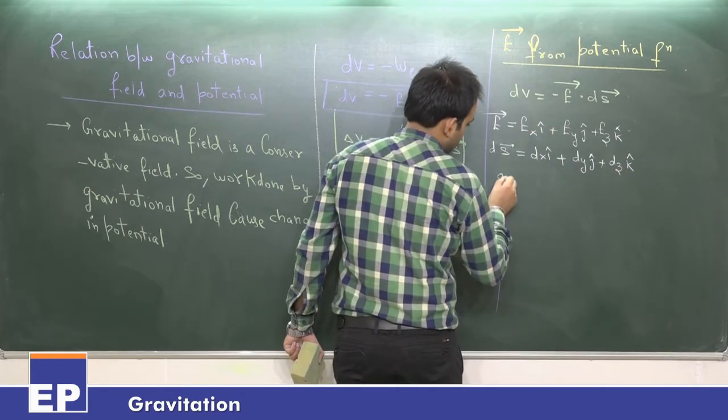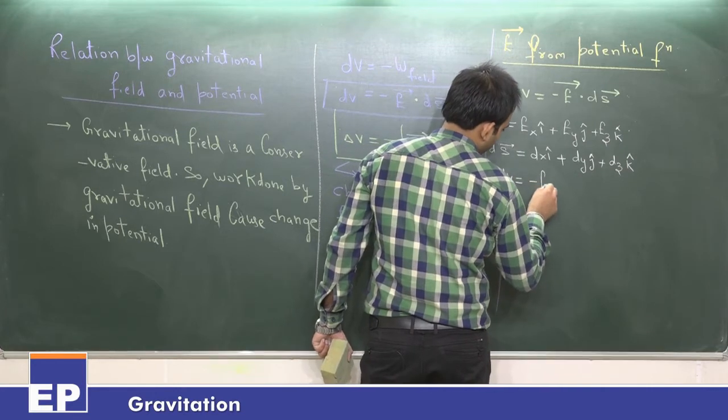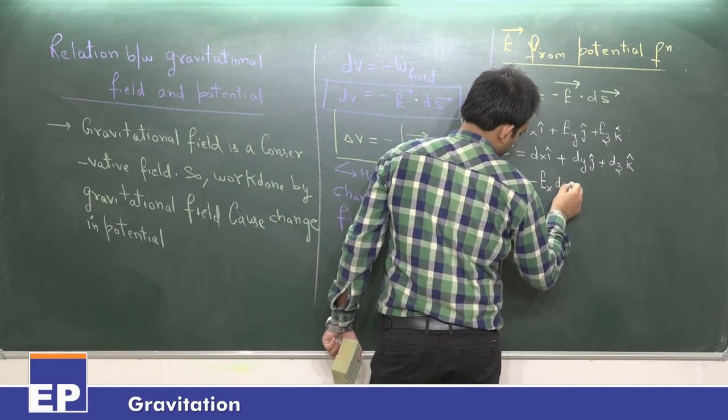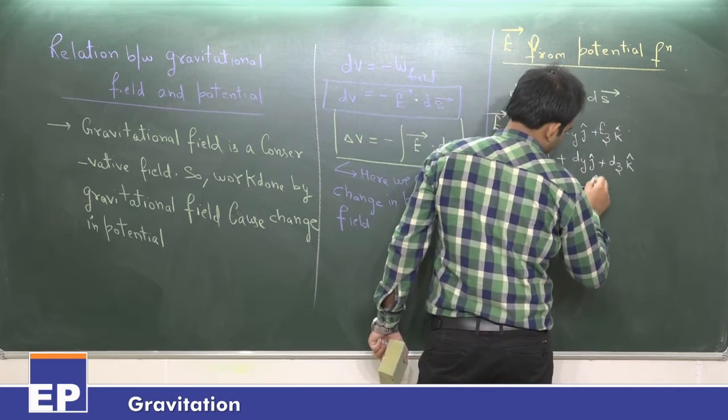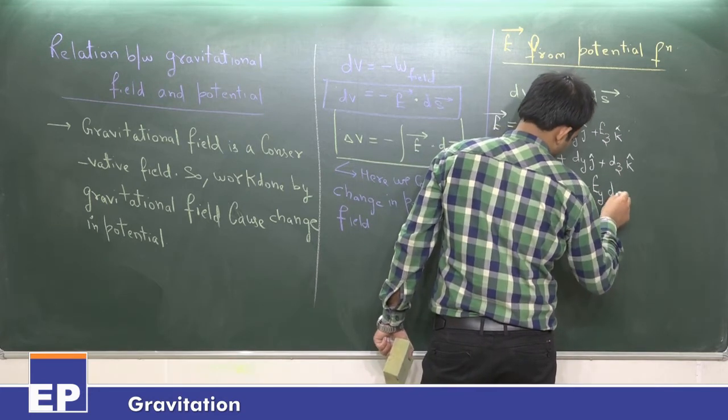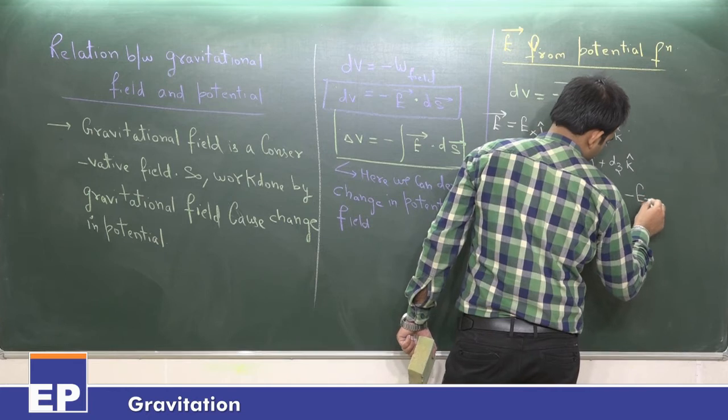then we will get dV equal to minus of Ex into dx, minus Ey into dy, minus of Ez into dz.